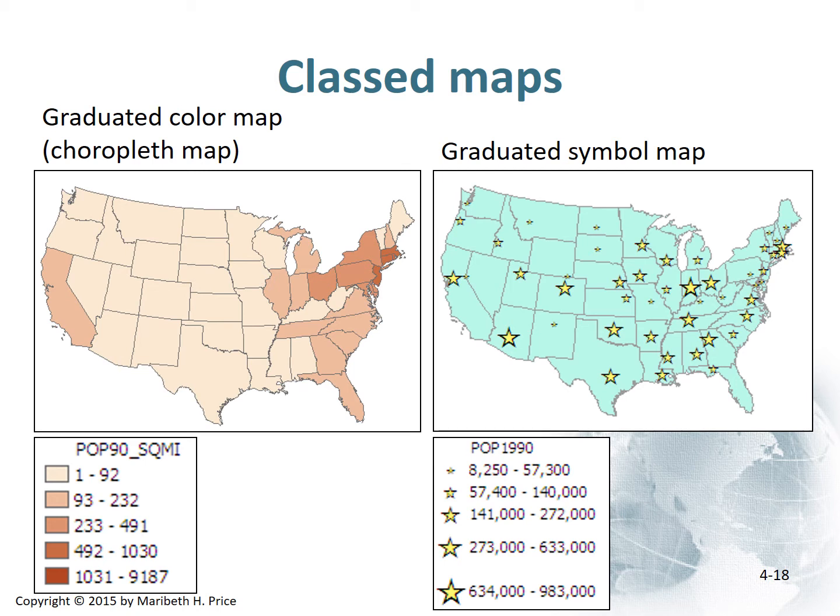Now, when we look at the graduated symbol map, notice that we still have all the stars for the state capitals, and some are really big and some are really small. I'm assuming those to be the populations of the state capitals. But it could be state populations, but I'm pretty sure it's not, particularly when you look at Florida.